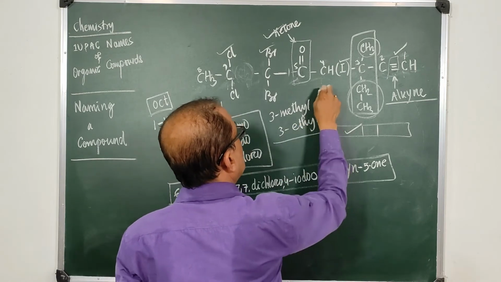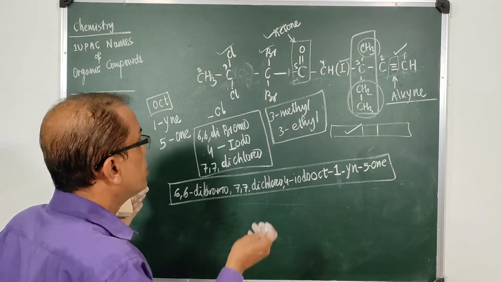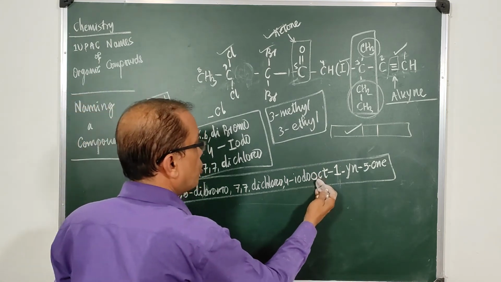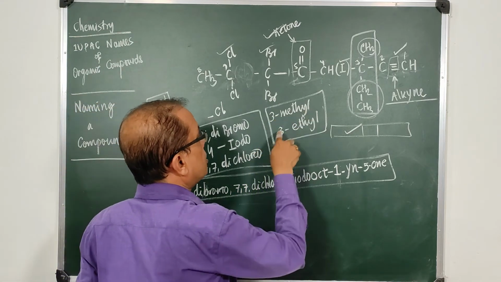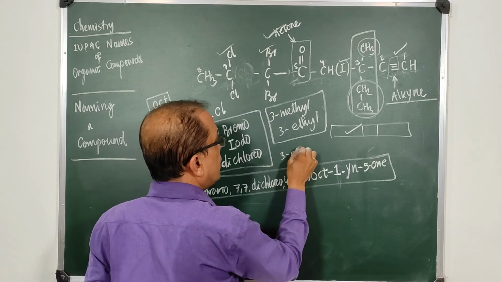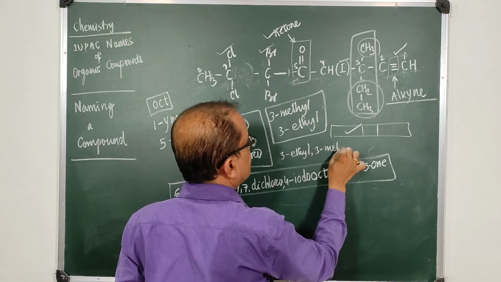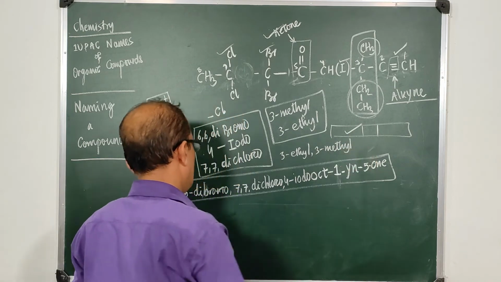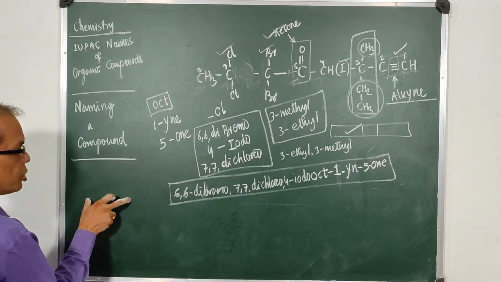So these two prefixes must be added somewhere. Since these are prefixes, they should be before oct. Now the 3-methyl and 3-ethyl, E comes before M, so I have to write 3-ethyl and next 3-methyl. So I put these two things just before the name.